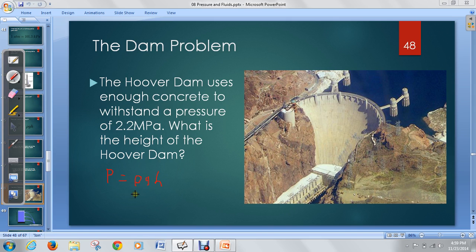If we divide by rho and divide by g, we get P over rho g, density times gravitational acceleration. That gives us the height. So this is really cool because we can plug in how much pressure it can withstand, the density of the water and gravity, and we can figure out what the height of the Hoover Dam is. And so that's pretty cool.